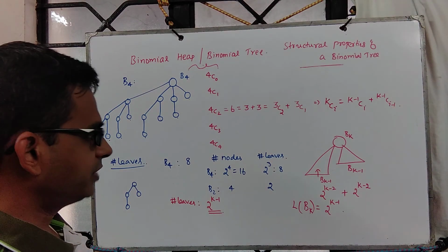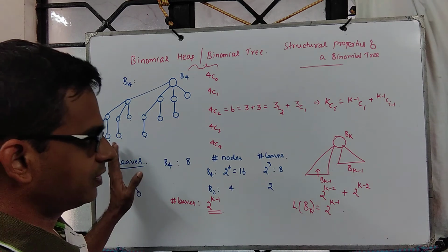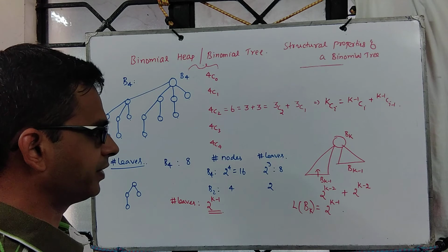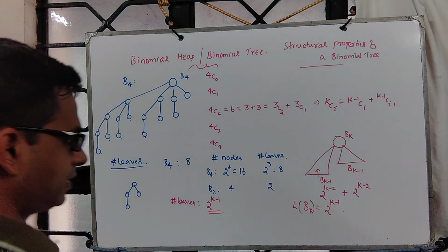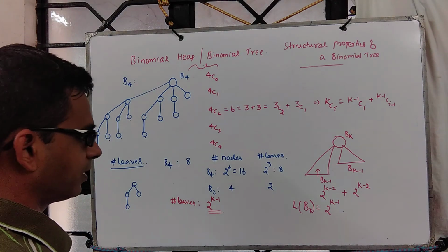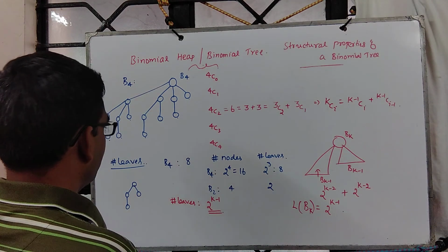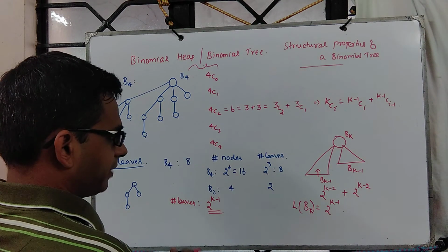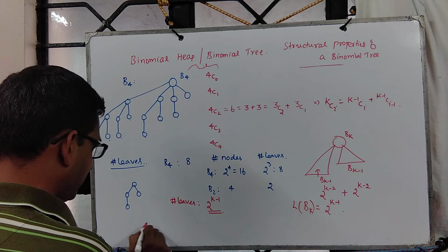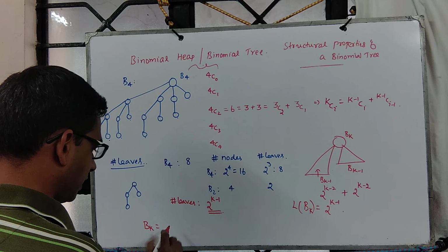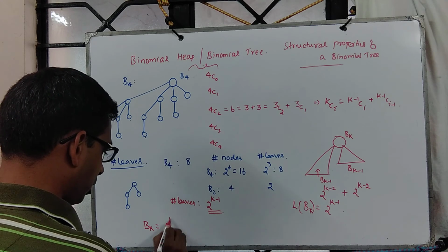Now, using this, subsequently we will see how to construct a binomial heap. And this has got a connection to the binary representation of the decimal number n as well. You can look at it this way. bk has got 2 power k nodes.